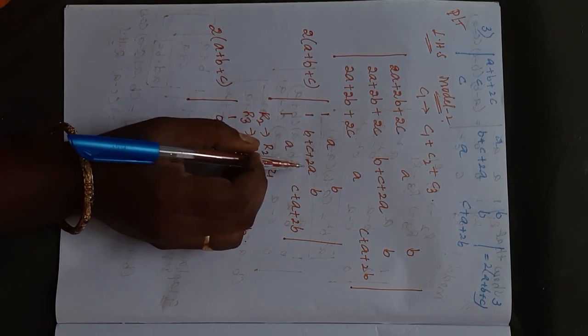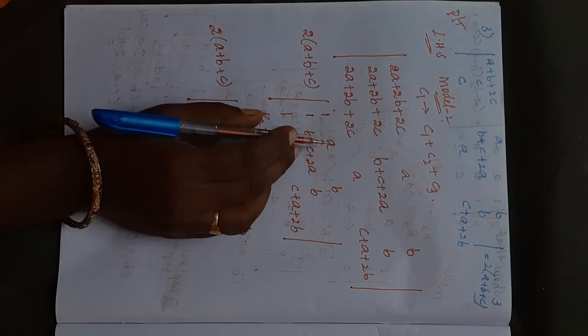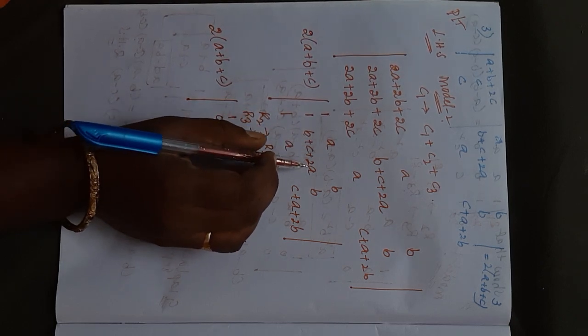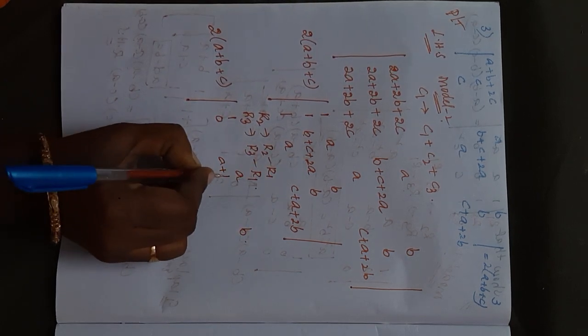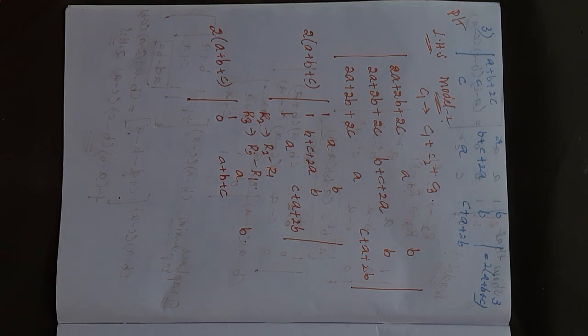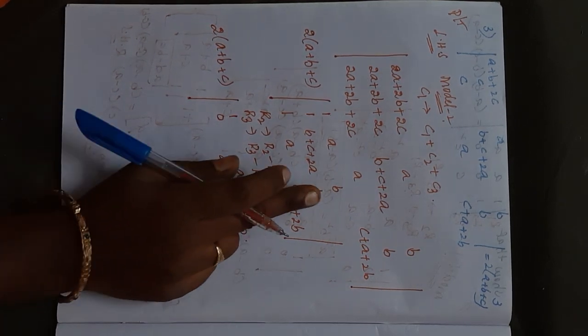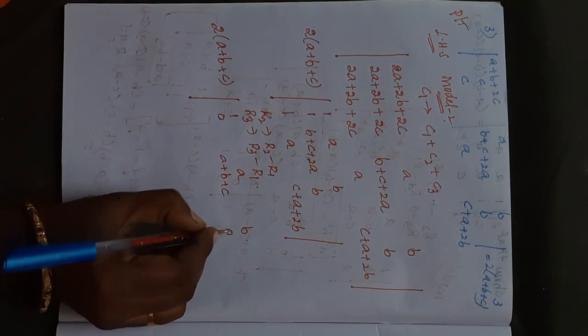Here you are having 2a అంటే మీనింగ్ a 2 times ఉంది, మైనస్ 1 time చేసామనుకోండి you will be getting 1 time. సో a plus b plus c, a plus b plus c. నెక్స్ట్ b minus c, b is 0 again.